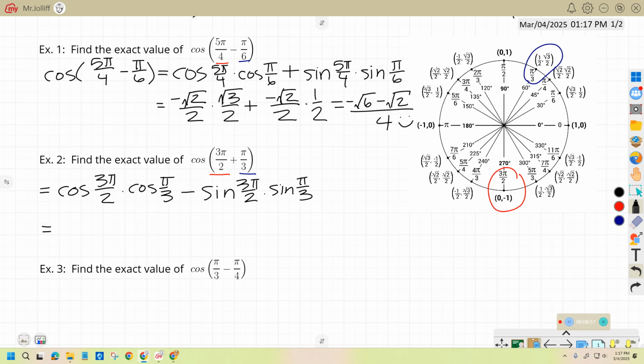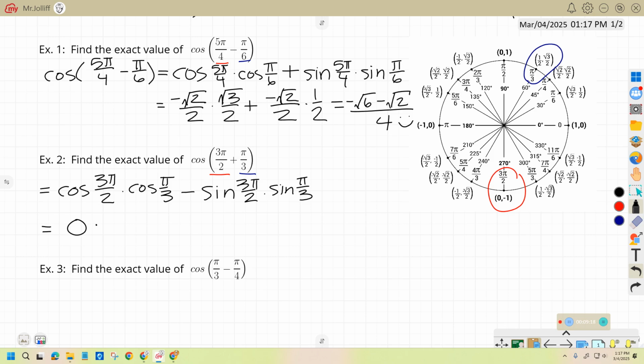All right, we're going to start with Jennifer's table. Somebody at Jennifer's table, what is cosine of 3 pi over 2? 0. I agree. Very good. X coordinate is 0. Excellent. There we go.